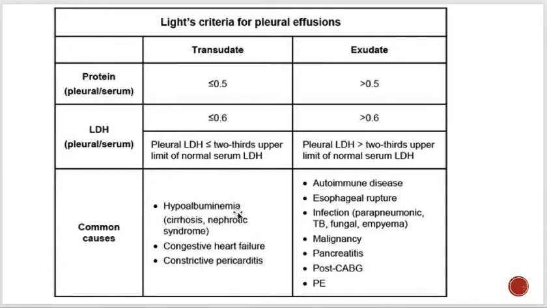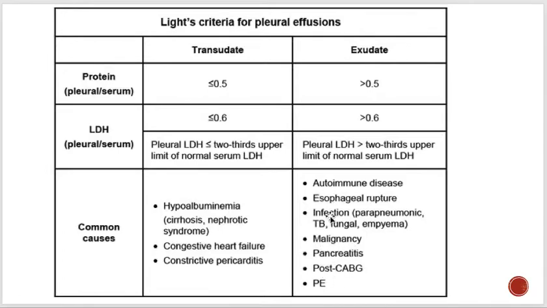Okay, and exudates are mostly due to infections, infarctions, malignancies, or inflammation. So, it will cause inflammation. It is an infection. It is a malignancy. It is an inflammation. So all these things, right?